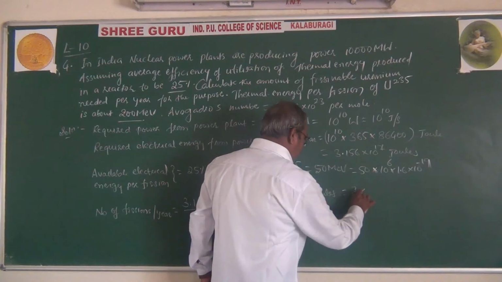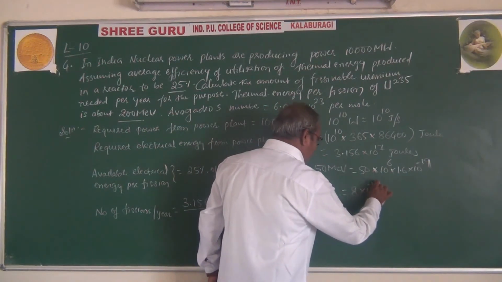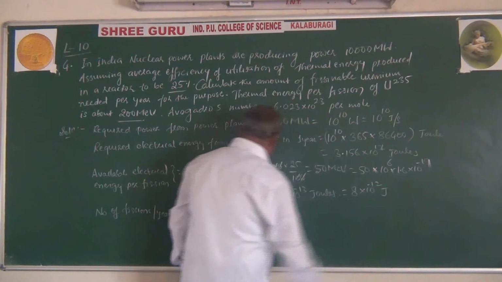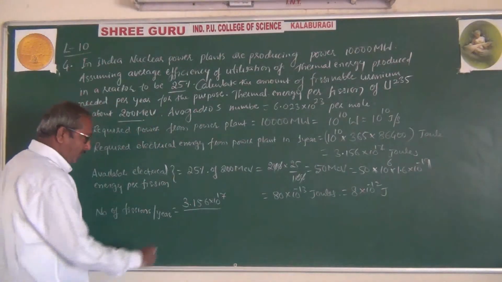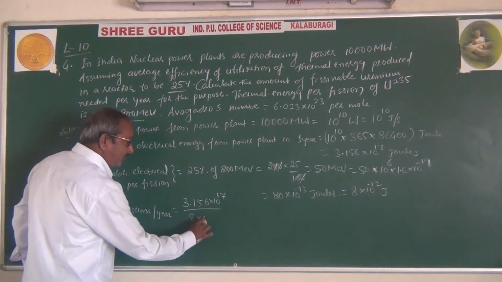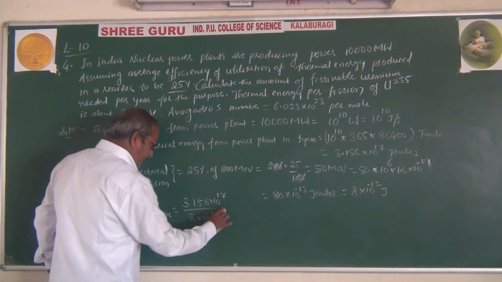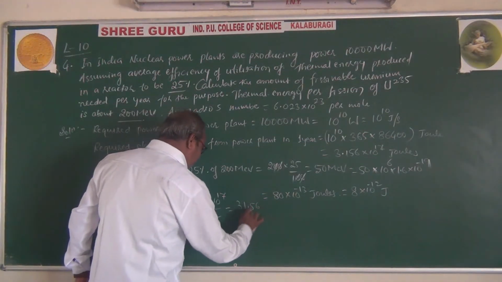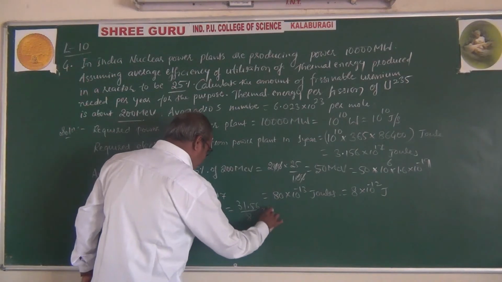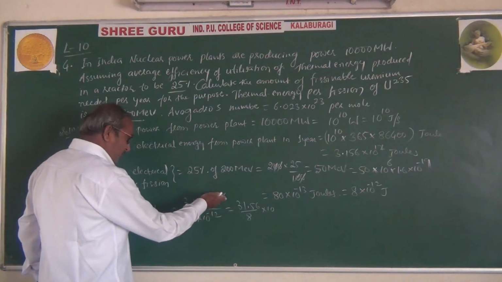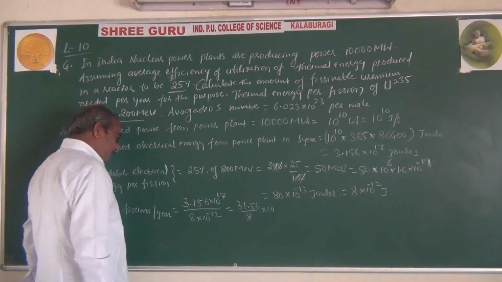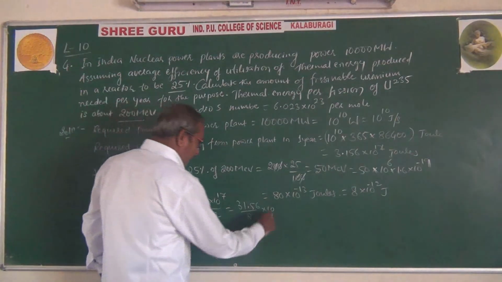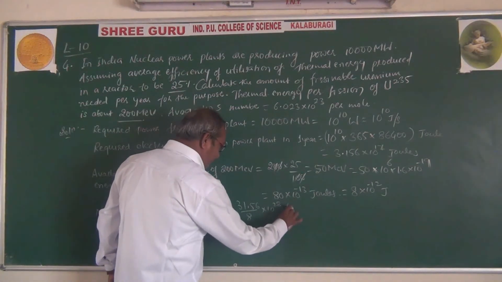If you want, you can write it as 8 into 10 raised to minus 12, divided by 8 into 10 raised to minus 12. So 31.56 divided by 8 into 10 raised to 11, 16 minus 12 becomes plus 12. This is 28 fissions.